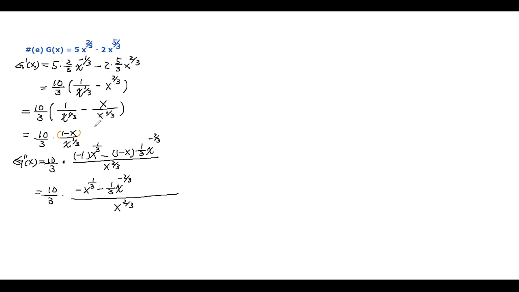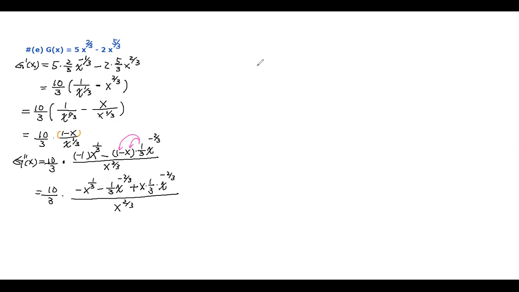So this will be equal to plus 1x times 1/3 and the x to the negative 2/3, right? So basically what I did here, I just FOILed that out, and be careful about the negative signs here.